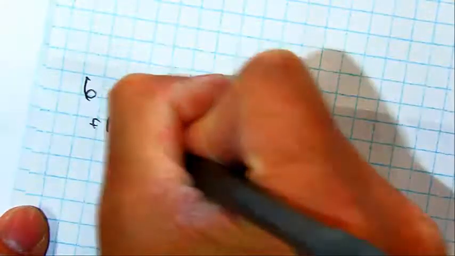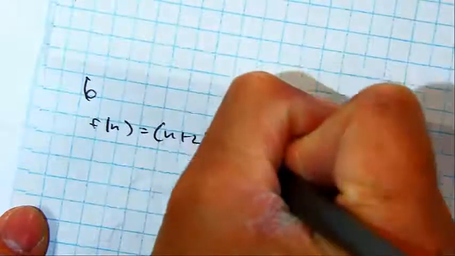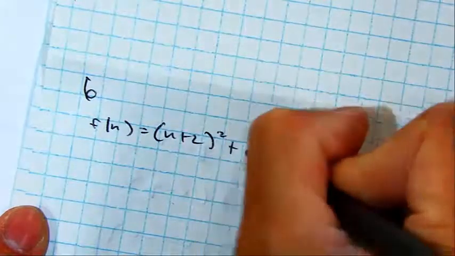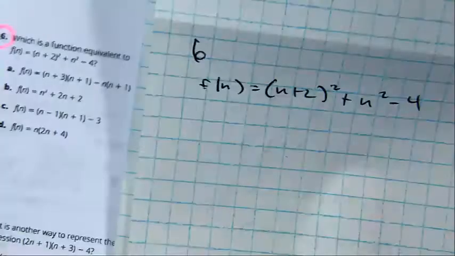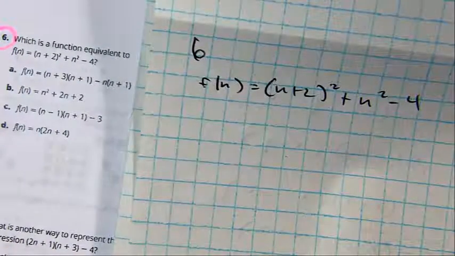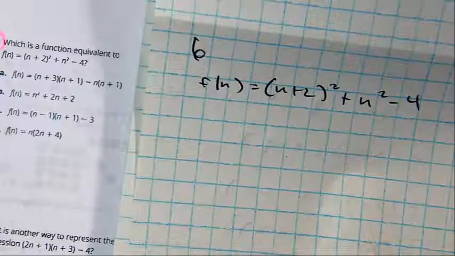Alright, question number 6 says, which is a function equivalent to f of n equals n plus 2 squared plus n squared minus 4. I'm going to look ahead and see what I'm up against.